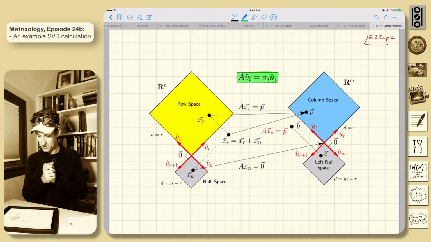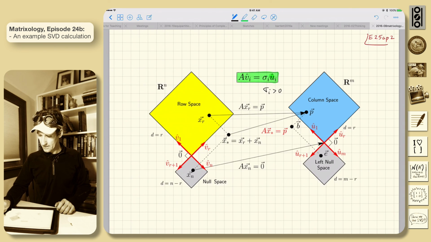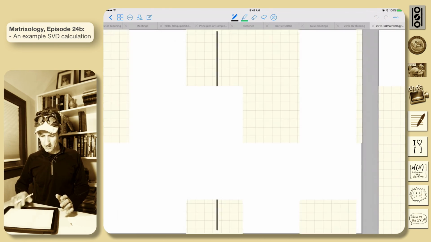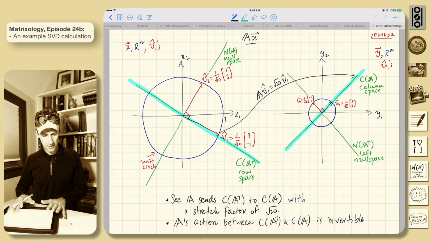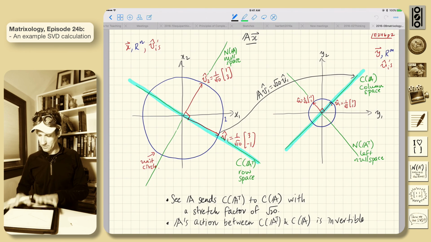And they're all positive numbers, so that's a good thing to add here: sigma i is greater than 0. Okay, so hopefully that is a good example to think about. You should be able to do this. SVD is very powerful and used a lot, but this is just a straight up calculation example. All right.